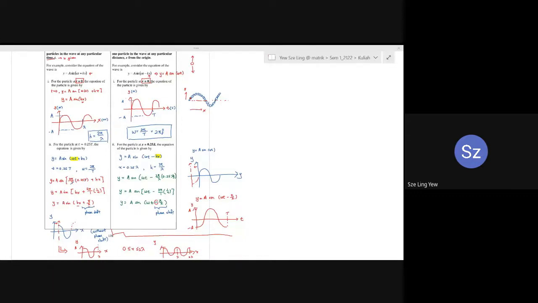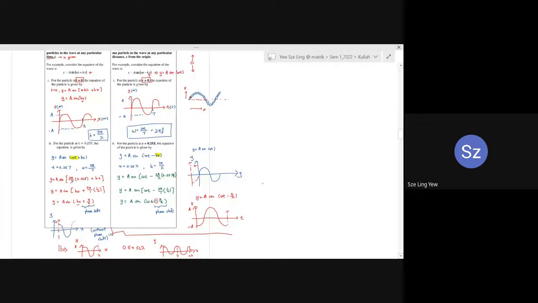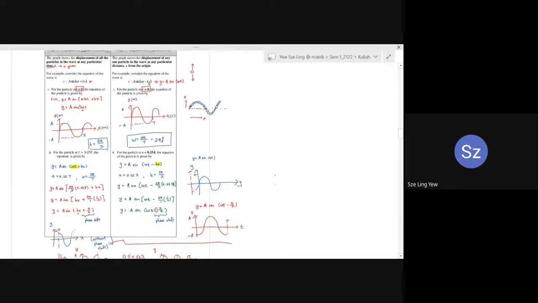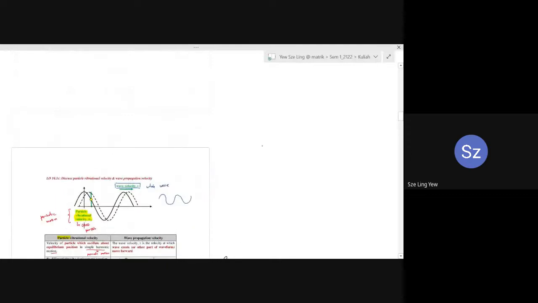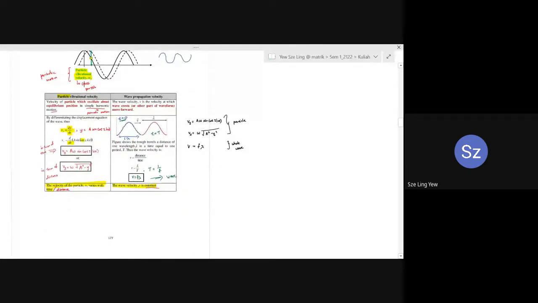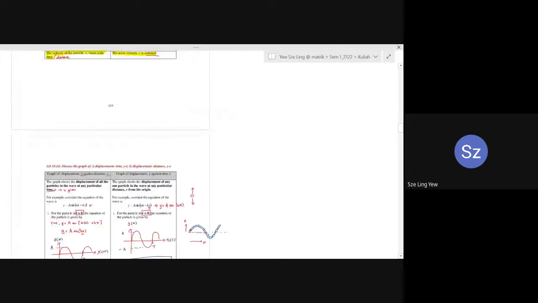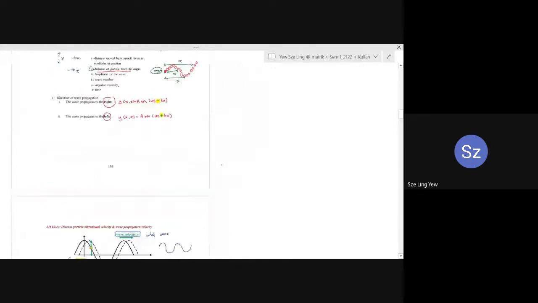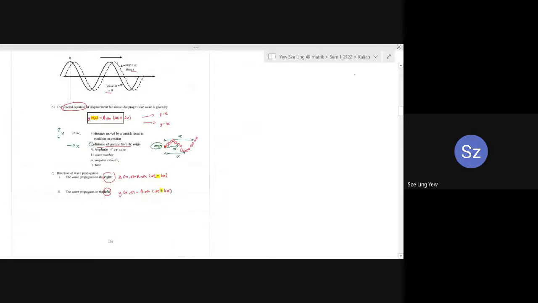So if you go back to the definitions, okay, let us go back to the previous page. I think you have discussed it before. So, where is it? General equations, yeah. So if you look here, the directions of the wave propagations. If you have a negative sign, then it means the whole wave is moving to the right-hand side.